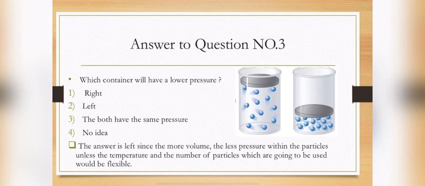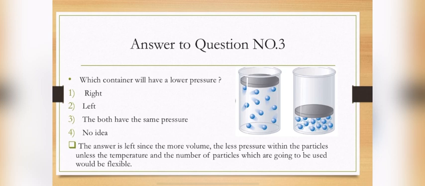Yes, guys, indeed, the answer is going to be left, so choice number 2, since the more volume, the less pressure within the particles. Unless the temperature, the number of particles, or the total mass of the particles, and a lot of other factors, can be changed, for this statement to be completely wrong.